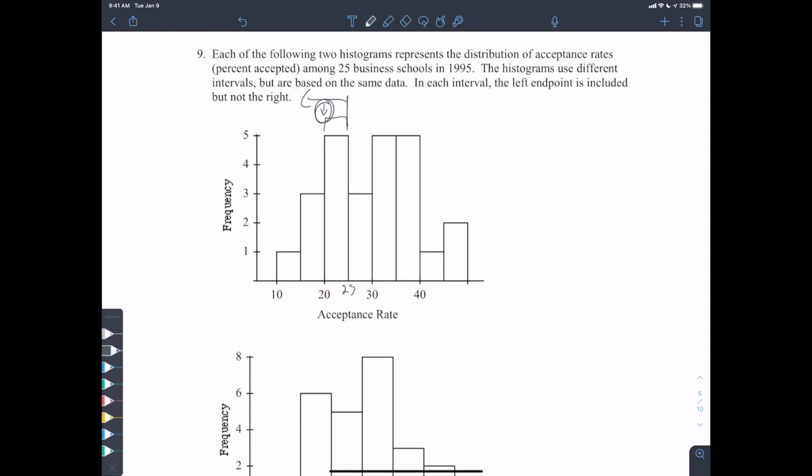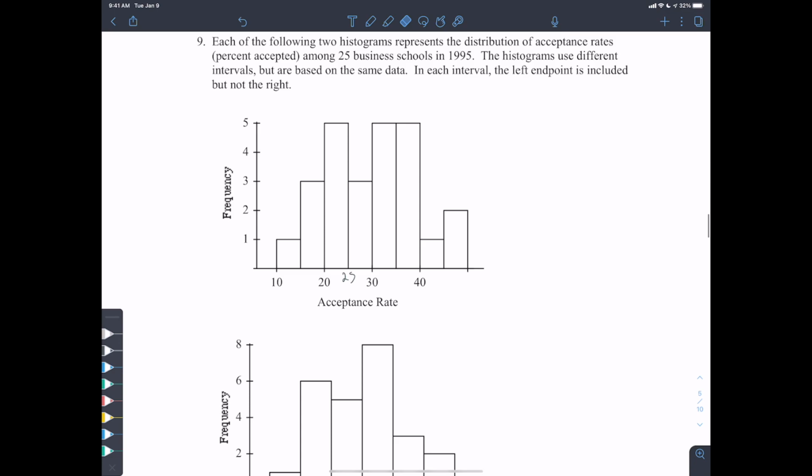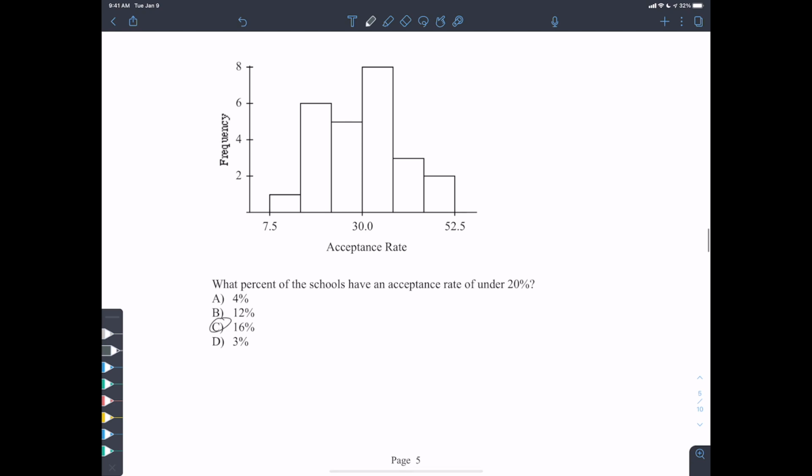So if you want to find the schools which have a rate under 20, you're going to have to look at this chunk right here and this chunk right here. This chunk is 3, this chunk is 1. That's a total of 4 schools who have acceptance rates less than 20%, and it tells you that the total is 25. 4 out of 25 is what? 16%, which equals 0.16. So your answer is going to be C, 16%.